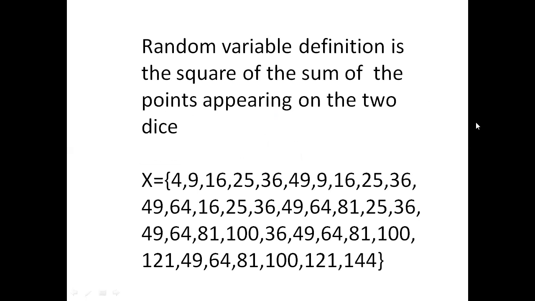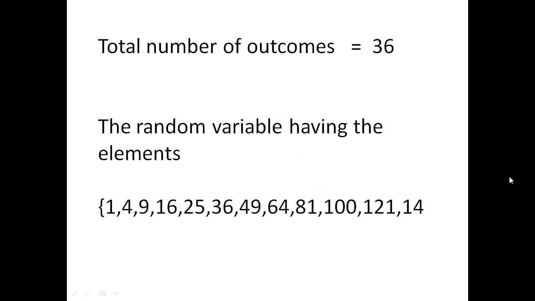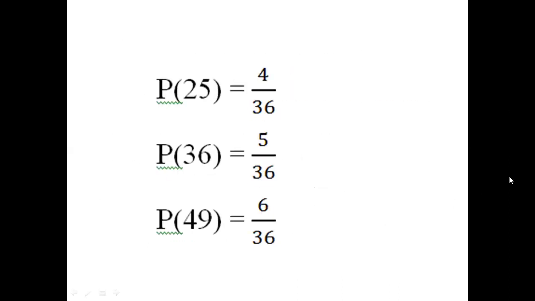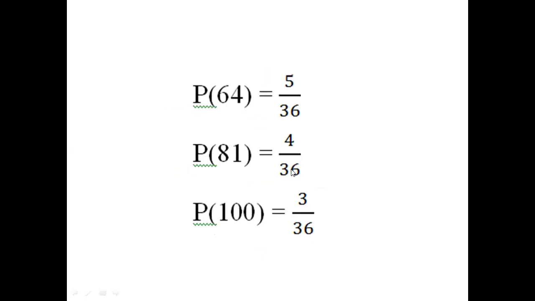Okay. What is the next element? 81. So 81, how many times is it repeated? 1, 2, 3, 4. Okay. So the probability of 81 is equal to the number of favorable outcomes, 4, divided by the total number of outcomes, 36.